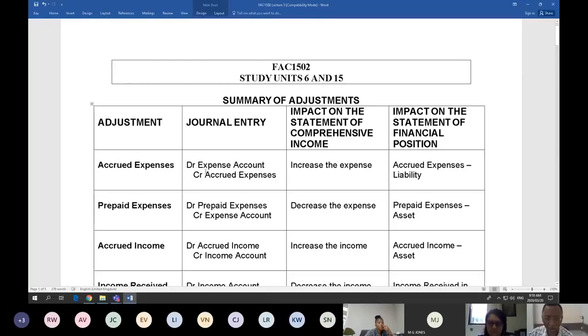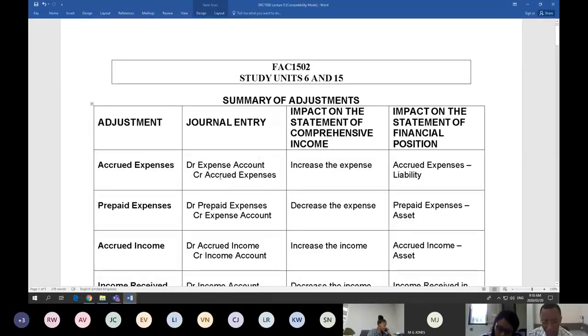So, to record the entry in the journal, accrued expenses, which is a liability, must be credited. And then you will debit all the other accounts. For instance, if you didn't pay telephone, you debit telephone and you credit accrued expenses. If you didn't pay your water and electricity, you debit water and electricity and you credit accrued expenses.